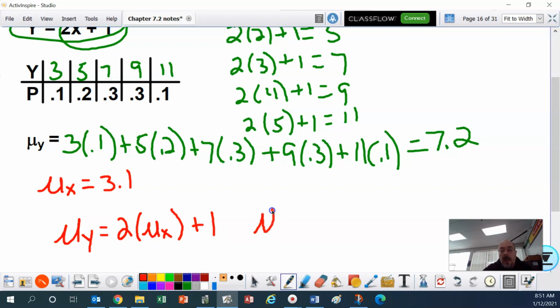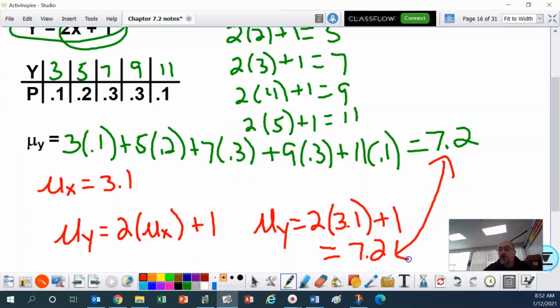So instead of doing all of that work, all I needed to do was take 2 times 3.1 and add 1 to it, and guess what? I got 7.2. This is why understanding those rules will help quite a bit.